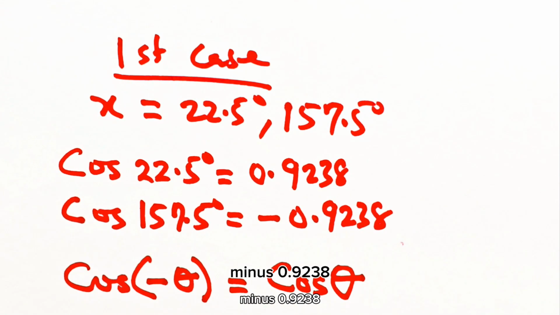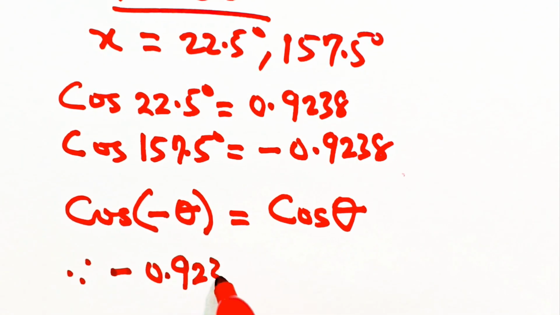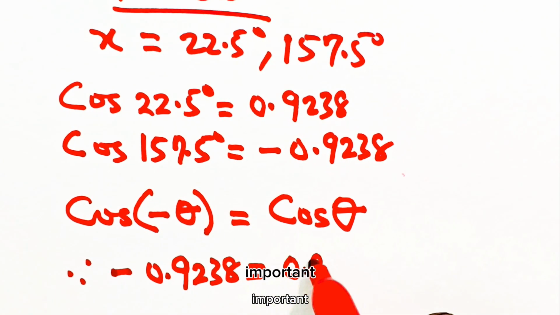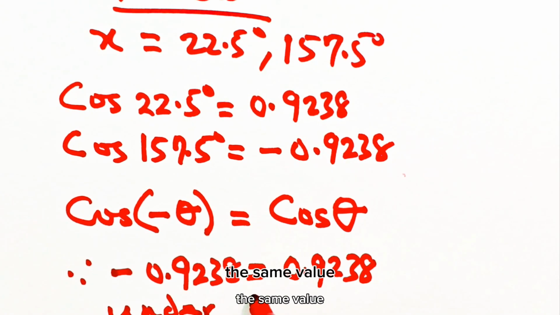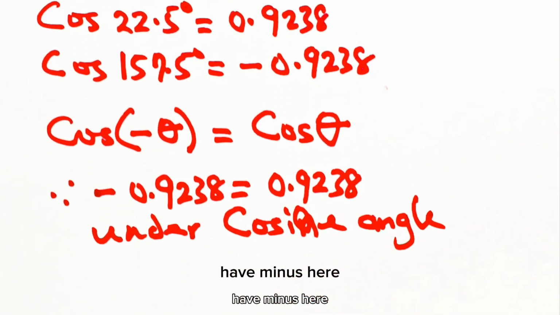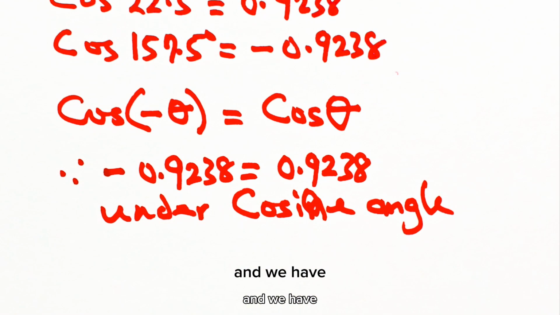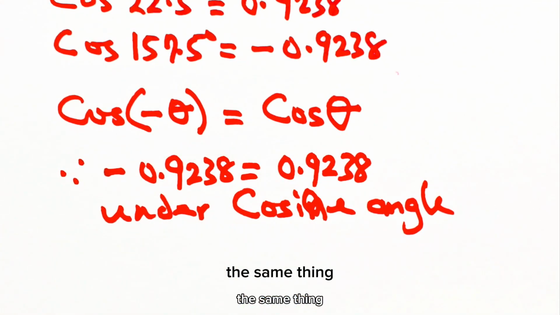That means that minus 0.9238 is the same thing as 0.9238 under cosine. The angle is the same. So there's no difference between the two. If you put them inside the calculator, you're going to have the same. And based on this identity, that has been proven.